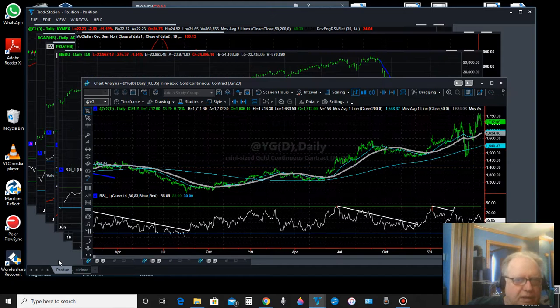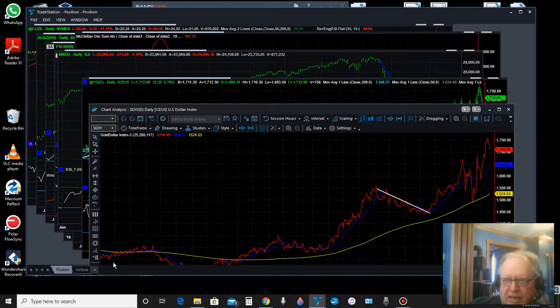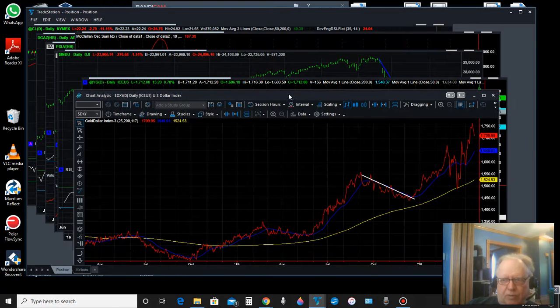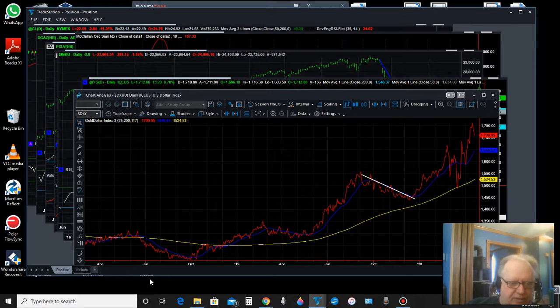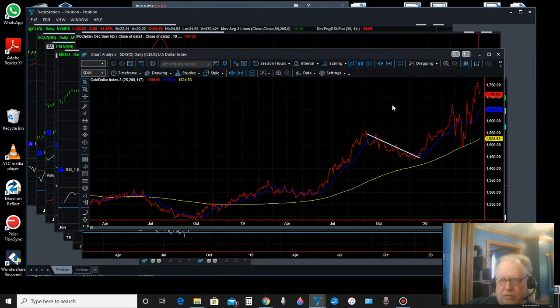Now here's gold. Gold's been rallying. This is a gold dollar index, which is gold multiplied by the strength of the dollar. It's been rallying, but I don't expect it to stay there. It's a little too volatile.